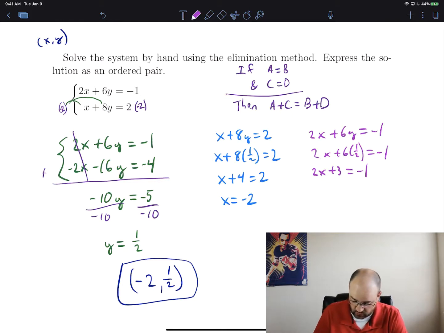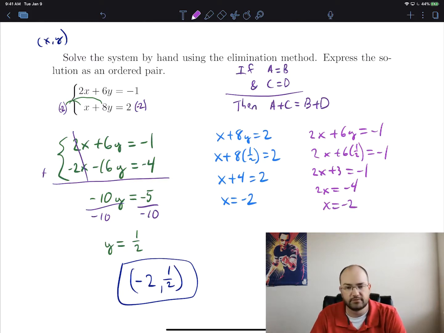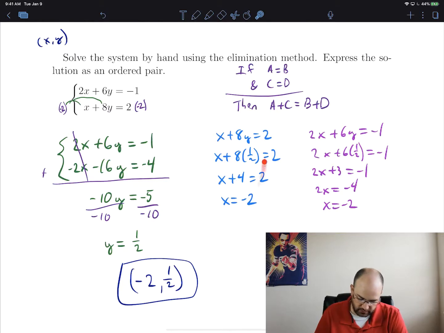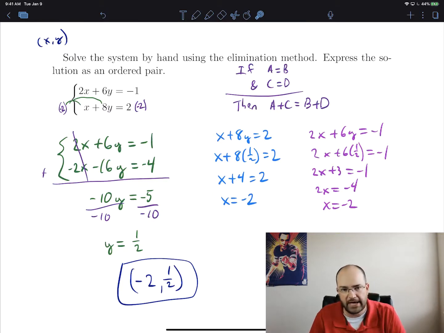Subtract the 3. Gives us -4 divided by 2, so x equals -2. So either way you do it, plugging it into the second equation, plugging it into the first equation, it doesn't matter. You get x equals -2 out of this. It should be that way.